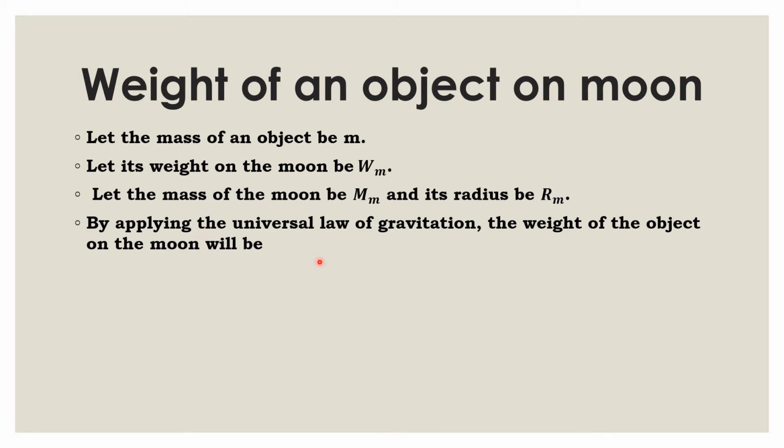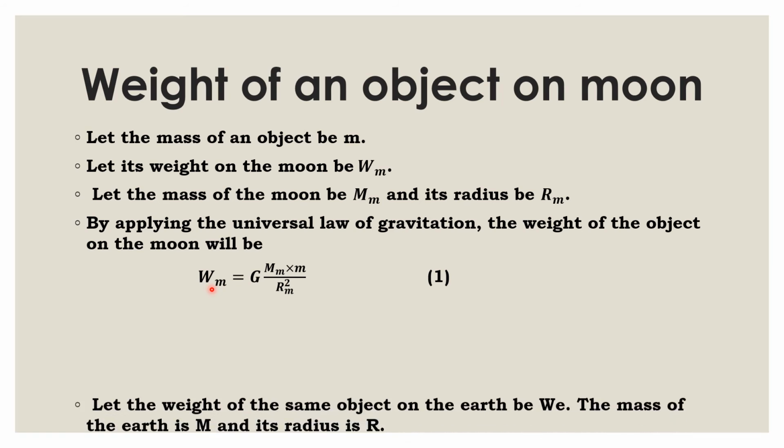By applying the universal law of gravitation, the weight of the object on the moon will become Wm, weight of moon, equals gravitational constant G into Mm, that is mass of the moon, into m, that is mass of the object, upon the distance between both the object and the moon, squared. So this would be the Wm.